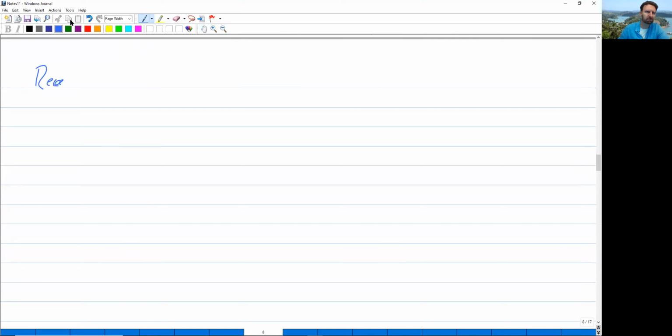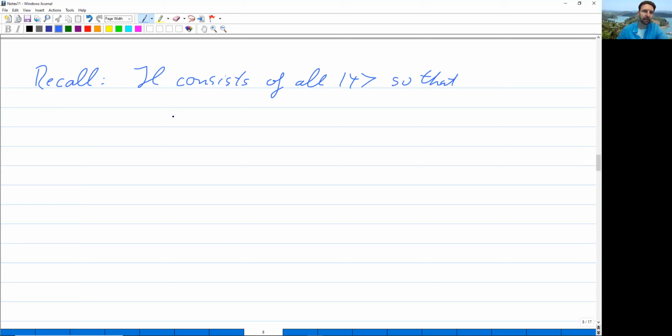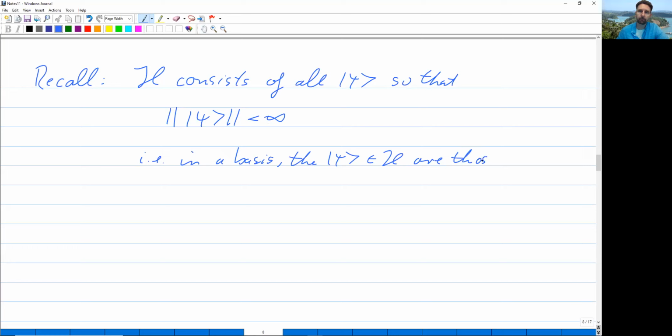Recall, the Hilbert space H consists of all psi for whom it is true that their length is not infinite, i.e., in a basis, the psi that are in the Hilbert space are those that obey that the sum over n, psi star n, psi n is not infinite.